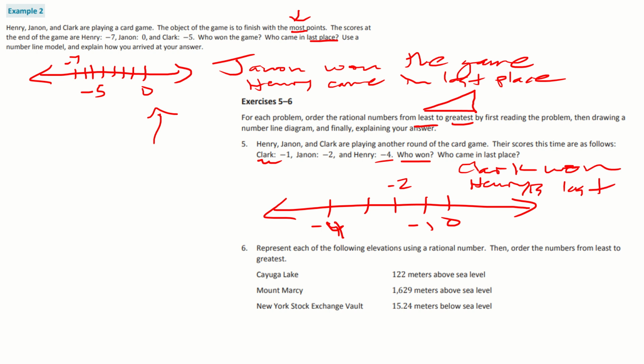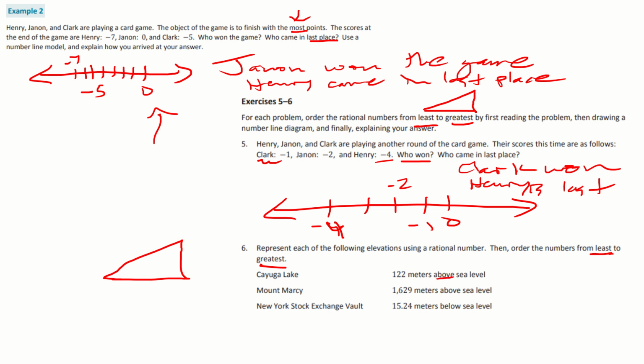6 says, represent each of the following elevations using a rational number. Then order the numbers from least to greatest. So same thing. If we're going here from least to greatest, we first need to represent it using a rational number. Cayuga Lake is 122 meters above sea level.